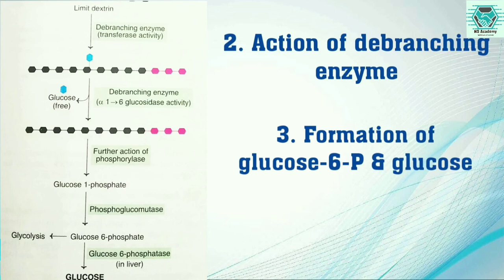So, free glucose cannot be produced from glucose 6-phosphate in these tissues. Therefore, liver is the major glycogen storage organ to provide glucose into the circulation to be utilized by various tissues.